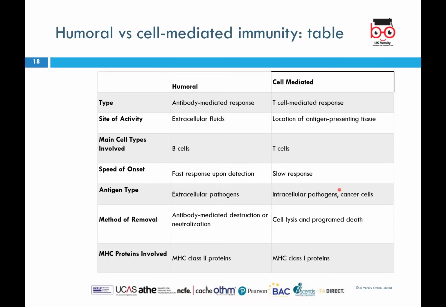Cancer cells, as I said to you, are killed by T cells. Within the cells, they destroy the pathogens. How is the method of removal for humoral immunity? It's antibody. Antibodies, as I said earlier, are produced which destroy or neutralize the antigen or pathogen.